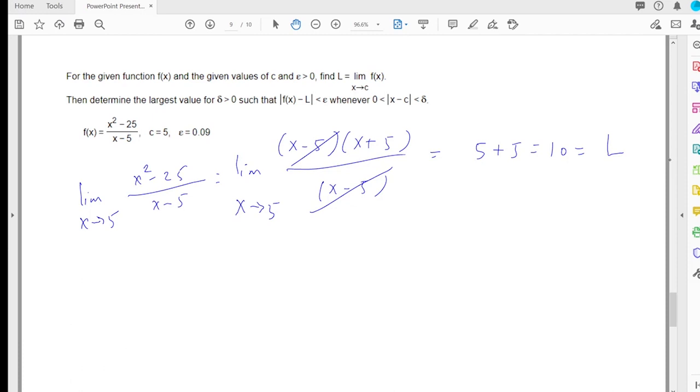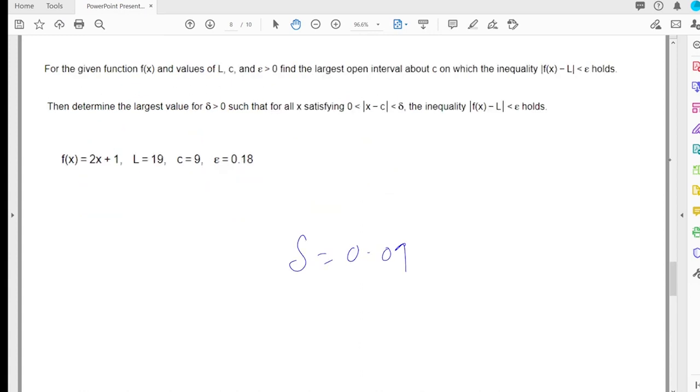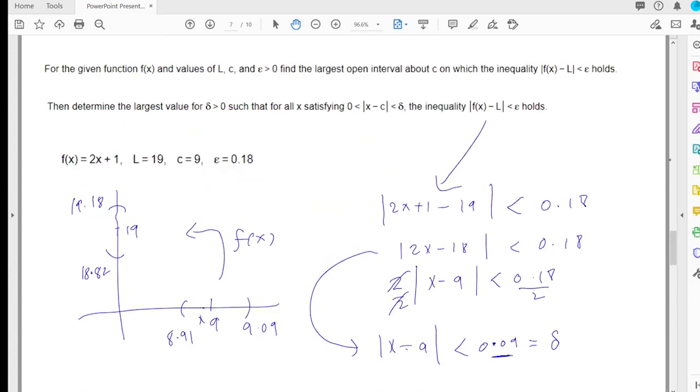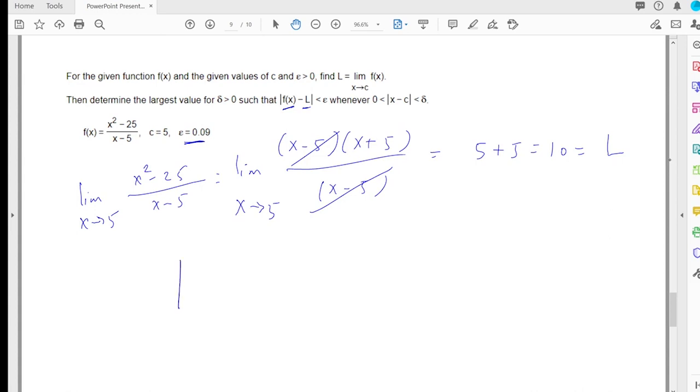So now for this L, for this function, remember the function is x plus 5 after simplification, and for this epsilon we need to find the delta. So we are going to repeat the same story whatever we did here. We start with f of x, which after simplification is x plus 5, minus L, which is 10, is less than epsilon, which is 0.09.